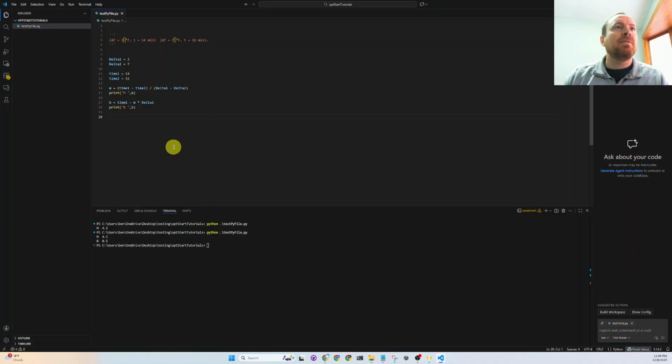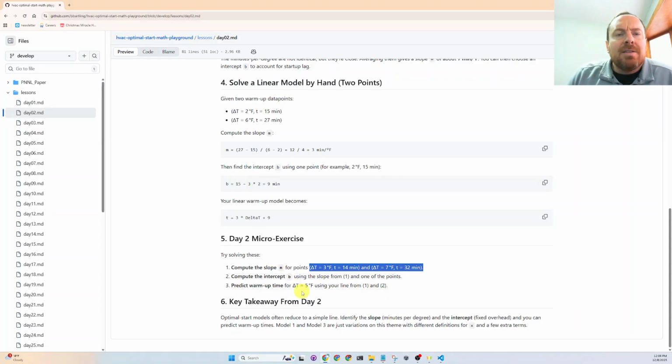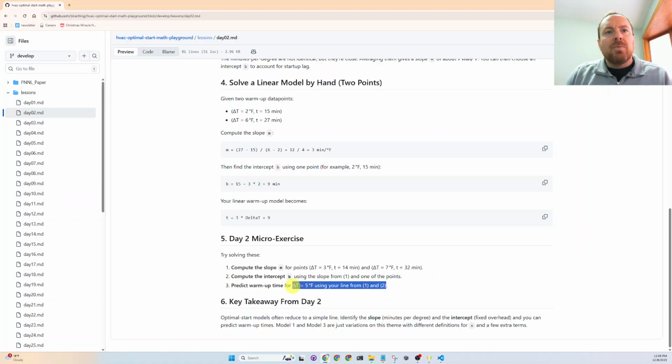And then the last thing that we want to do is predict the warm-up time. So if we're off by 5 degrees, let's use our model to predict it.